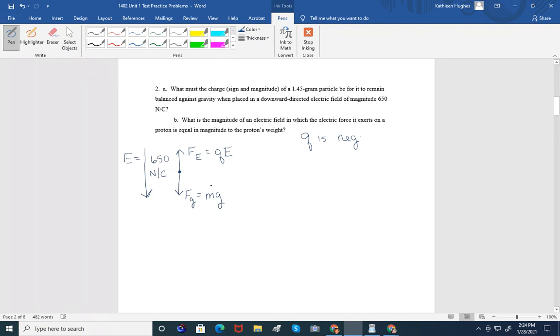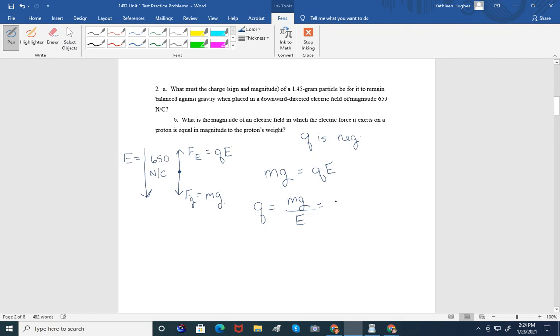These two forces, if the net force has to be 0, it's going to be balanced, then I just know that mg, that's the object's weight, has to equal QE. That's the electrical force. I know the mass, I know the gravitational acceleration G, I know the electric field. I just have to solve for Q. So Q is going to be mg over E. Again, I just have to fill in all the numbers that I know.